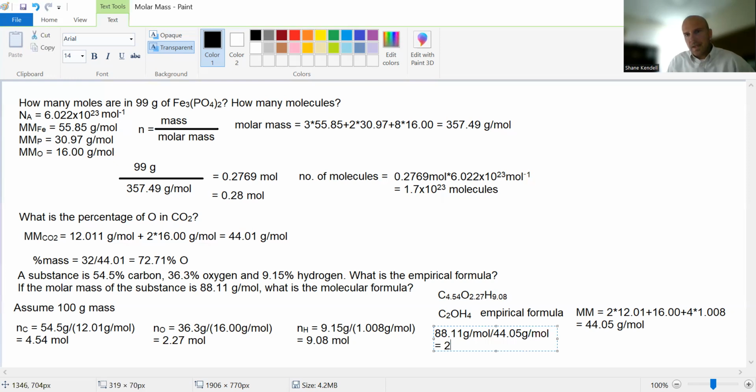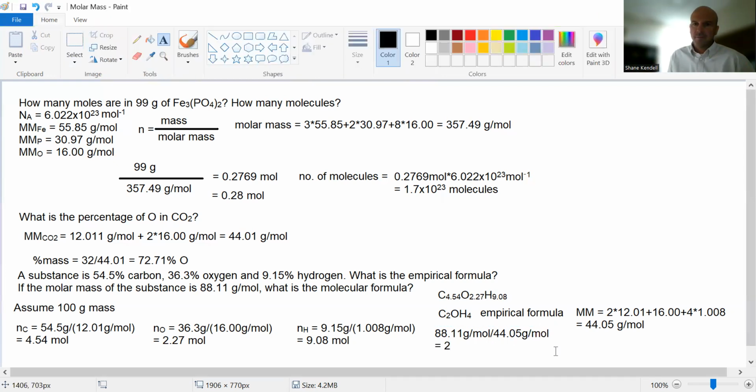So what does that mean? That means that in the molecule itself, there are 2 empirical formula units, if that makes sense. So the overall formula for the molecule must be the empirical formula multiplied by 2.